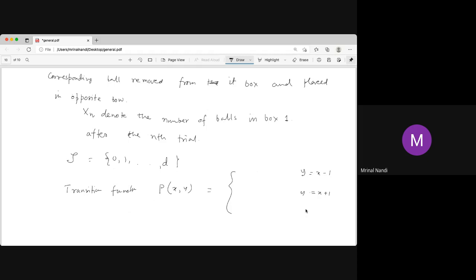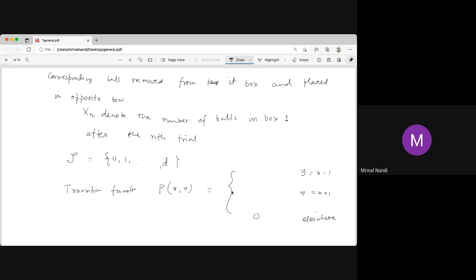And y can be x, yes. y can be anything else, but with probability 0. So elsewhere it is 0. So one ball must change.